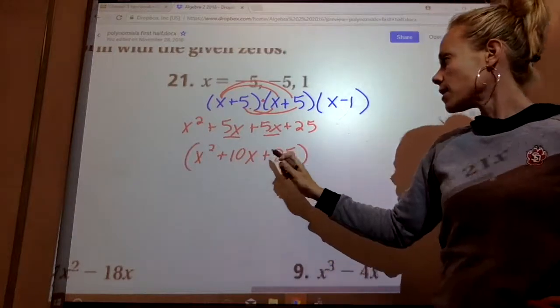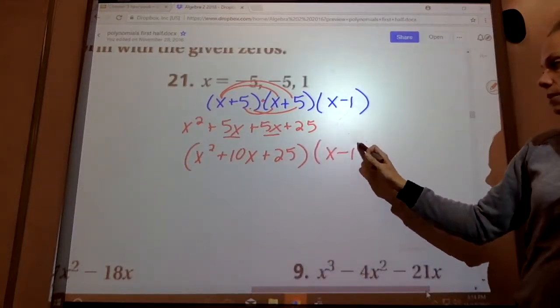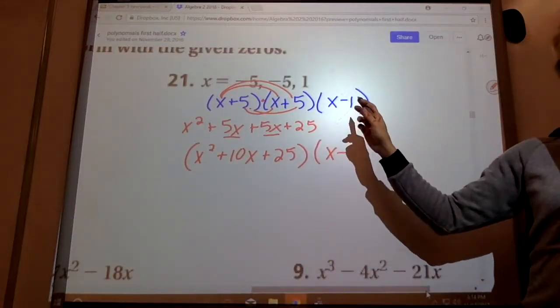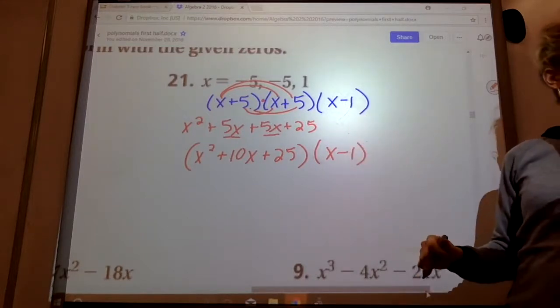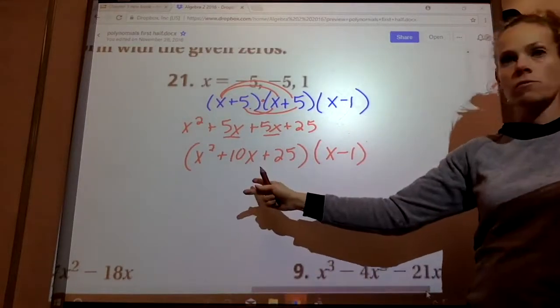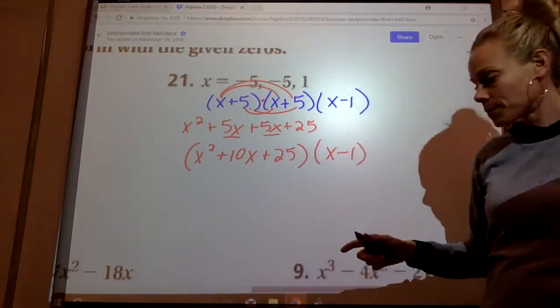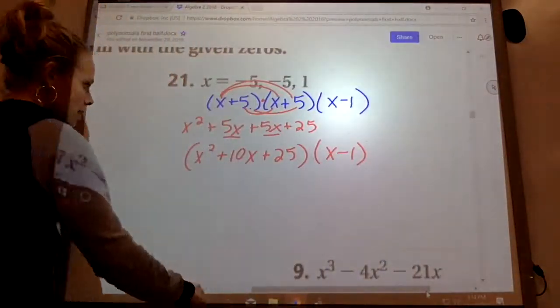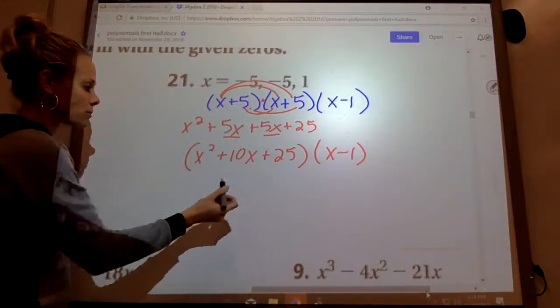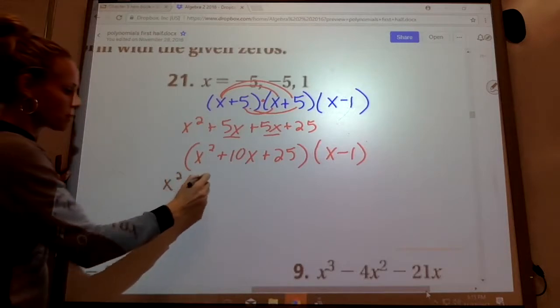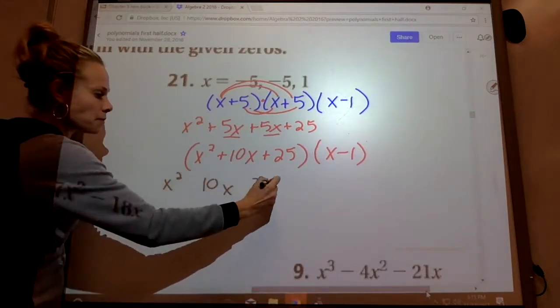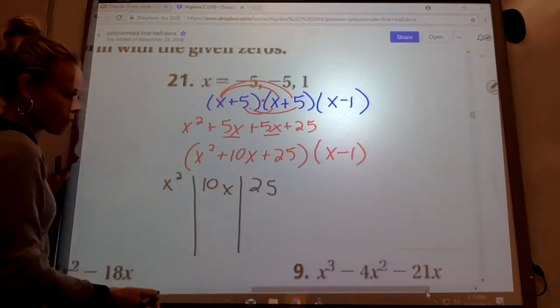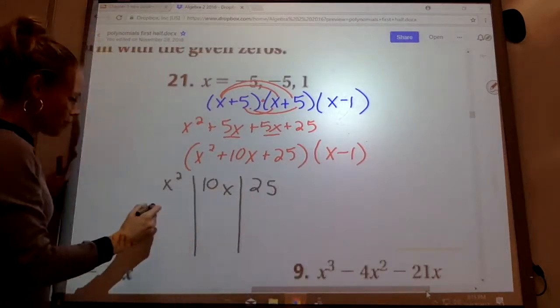But I'm not done because I still need to multiply this by x minus 1. So to multiply a trinomial with a binomial, set up a table. These three terms will be my three columns. These two terms would be my rows.